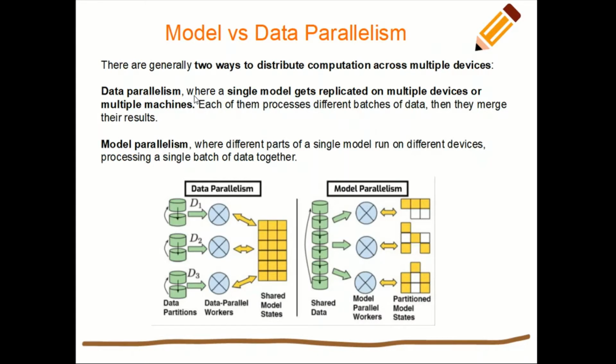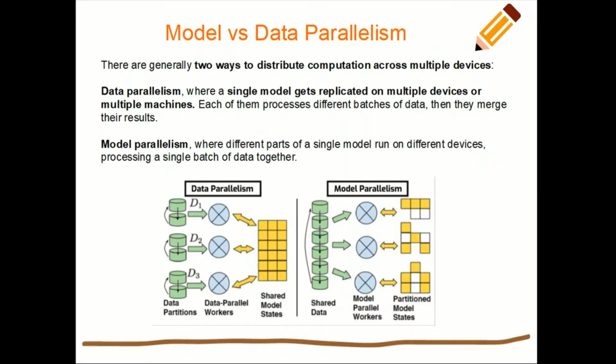Let's say we have very large data sets and we want to train the model with them, then we have to spread the computation across multiple GPUs and potentially across multiple machines also, right?